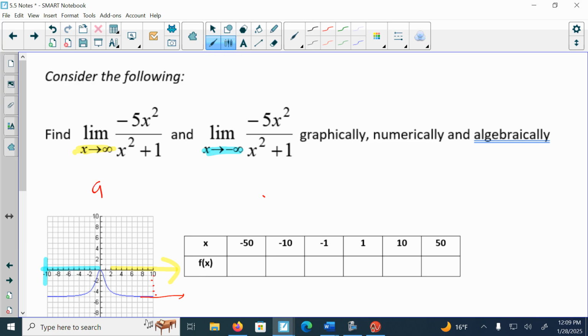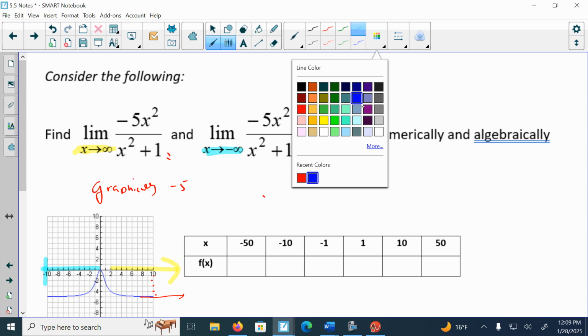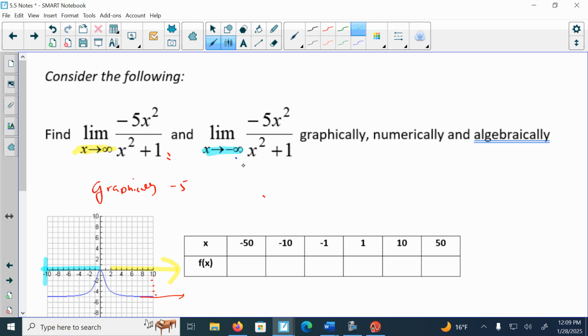So graphically, the answer as x approaches positive infinity is negative 5. If I go to the left, negative infinity, it looks like the graph does the same thing: 1, 2, 3, 4, 5, so graphically this one is negative 5 as well. So that's how I do it graphically. I look at the graph.